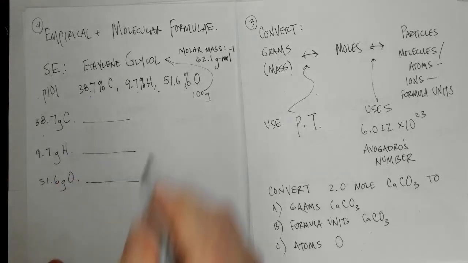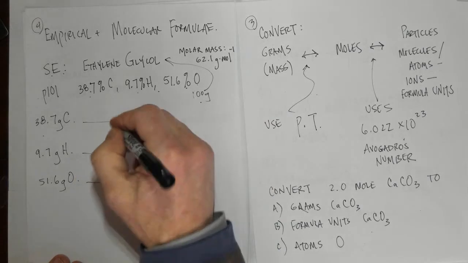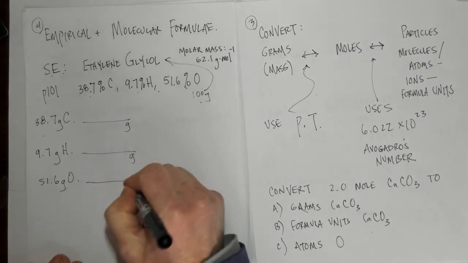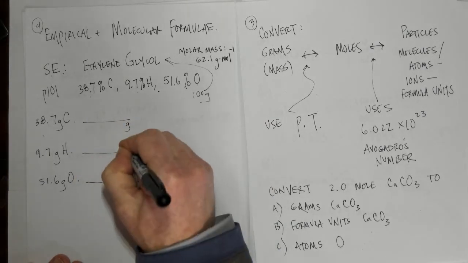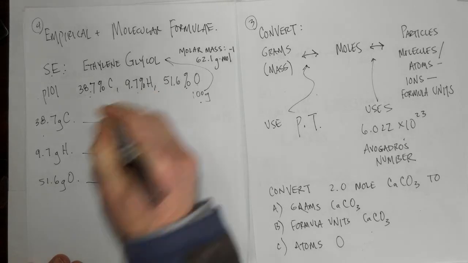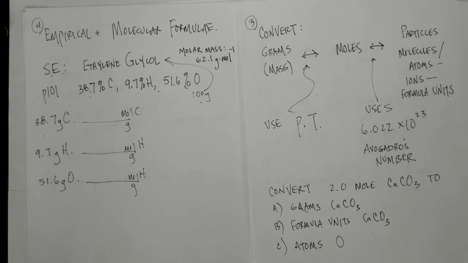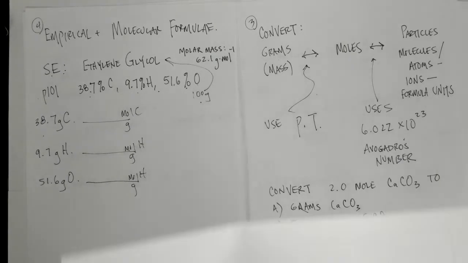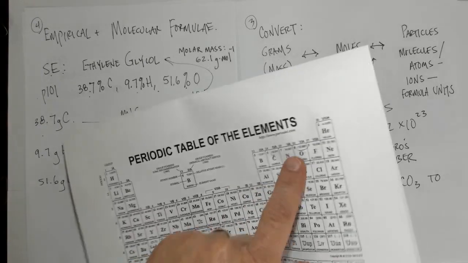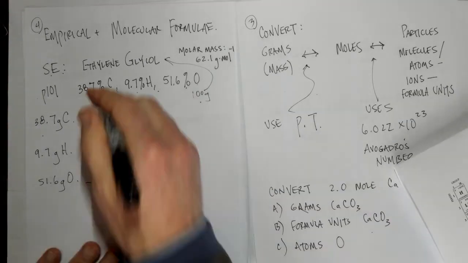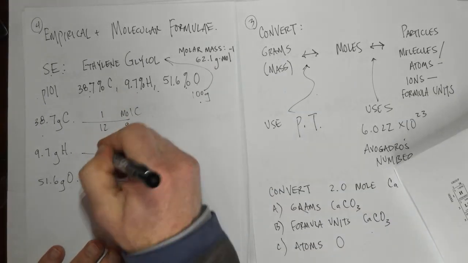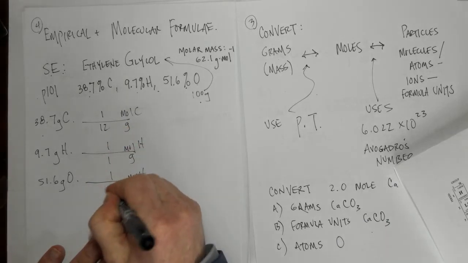Step number 2, after you assume the 100 gram sample, is to convert to moles. So put grams in a position where it's going to cancel. Moles is your new set of units for each one of these. That's why you organized it so nicely. Now look on your periodic table and look up the atomic mass for carbon, 12, hydrogen, 1, oxygen, 16, and put those in a position where it's going to cancel. 1 and 1, 1 and 16.